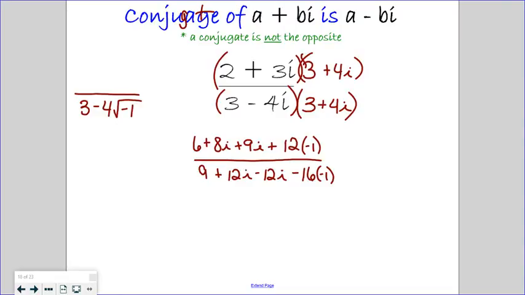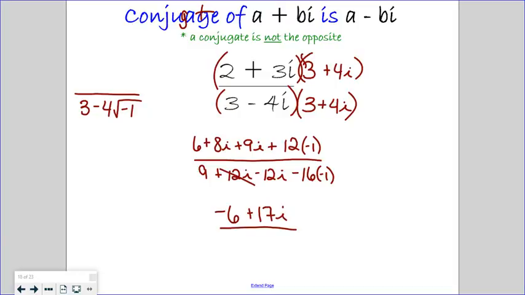Right? i squared and negative i squared are both -1. All i squareds are -1. Yep. All i squareds are -1. So combining my like terms in the top, my real numbers are 6 minus 12, or -6. 8 plus 9 is 17i. Okay.